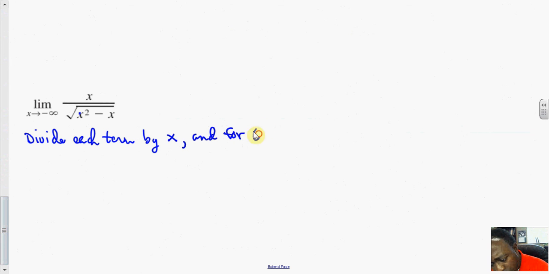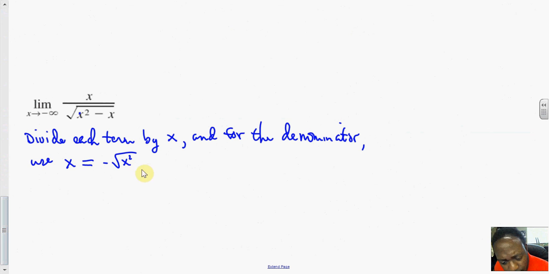For the denominator, you need to find something comparable because of that square root, and x is going over negative terms. Here we use x equals negative the square root of x squared, since x is negative.